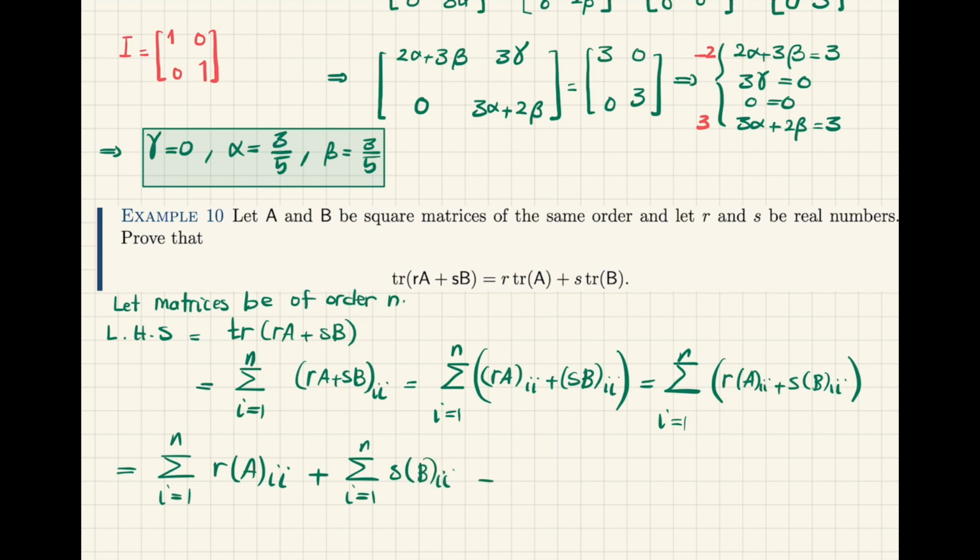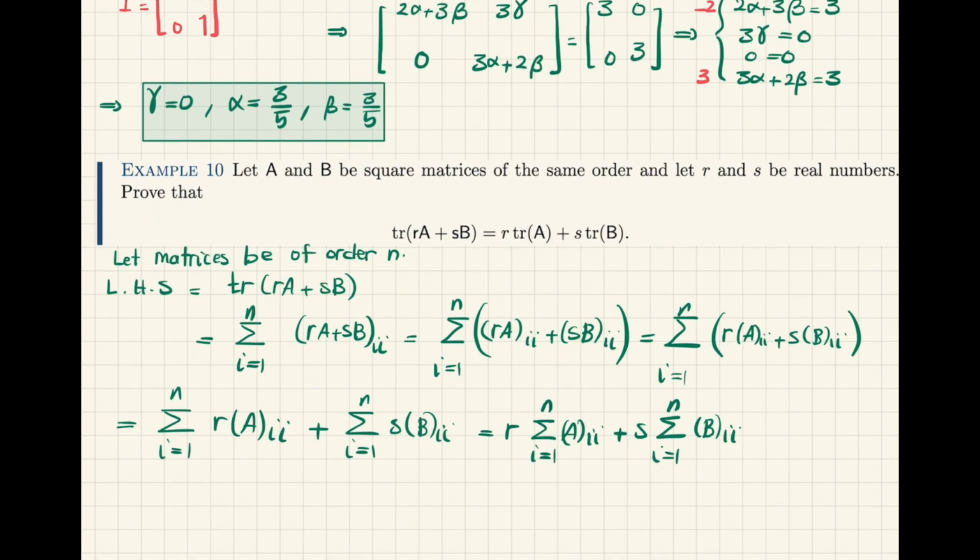Yes? But now, because of another property of sigma, this R doesn't depend on the counter. So as far as this sigma is concerned, R is constant. As far as this sigma is concerned, S is constant. So I can pull it out. So if you want to write all the details of the proof, this is the way that you have to write, even though this seems very easy to imagine immediately.